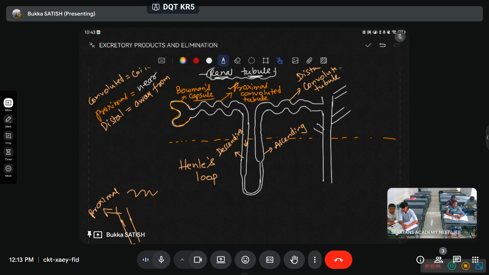Because once the ultrafiltrate is produced, it will move down in this and will be moving up in this. So this is the descending limb, this one is the ascending limb. Descending limb of loop of Henle, ascending limb of loop of Henle is what the name is. And finally, this one is the collecting duct.